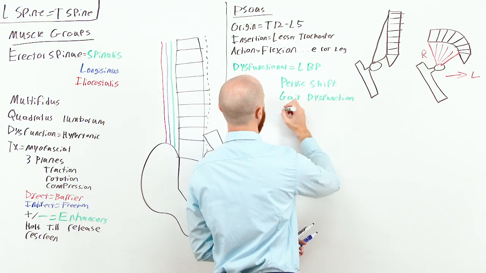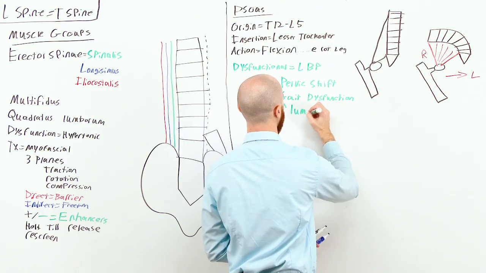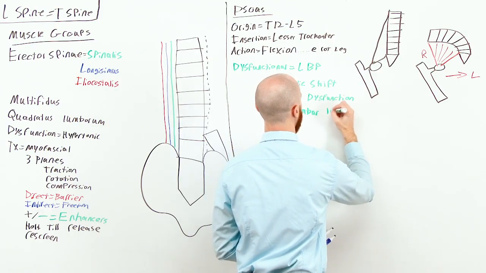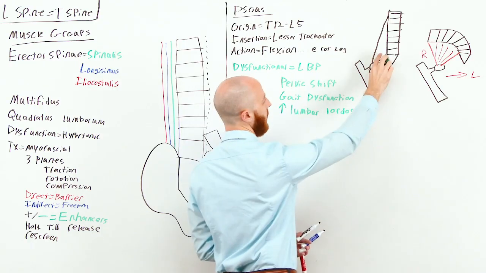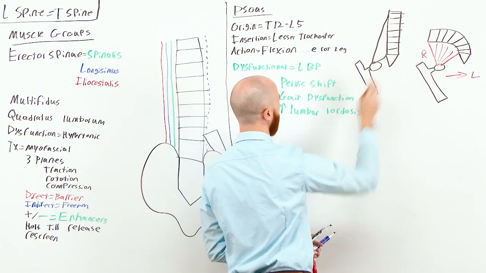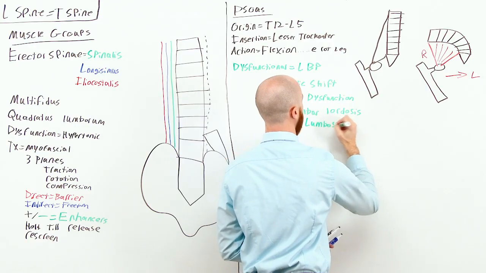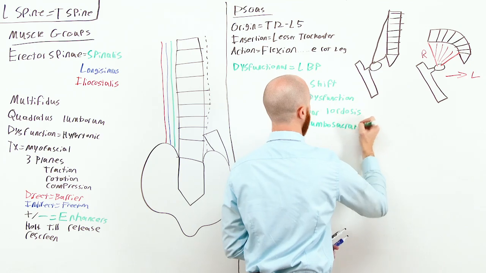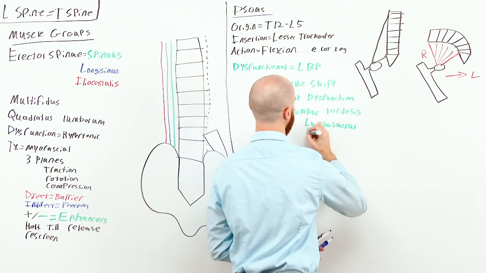Another thing that you may find is an increased lumbar lordosis. As the psoas contracts, it's going to change around your lumbosacral angle. And this lumbosacral angle can also be called a Ferguson angle.